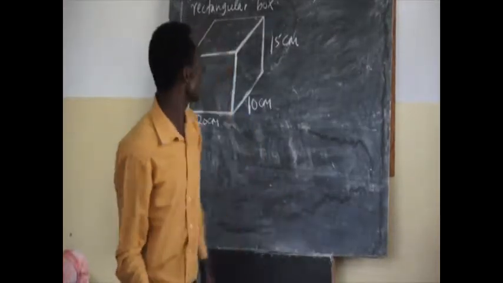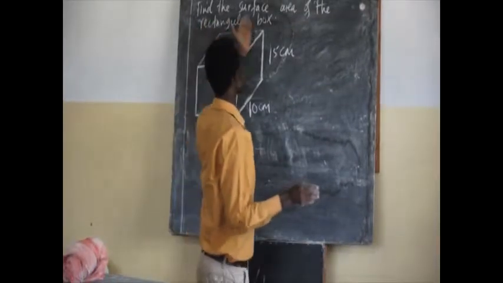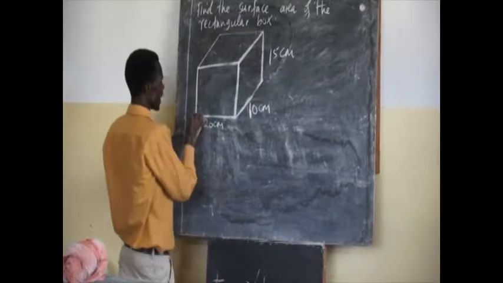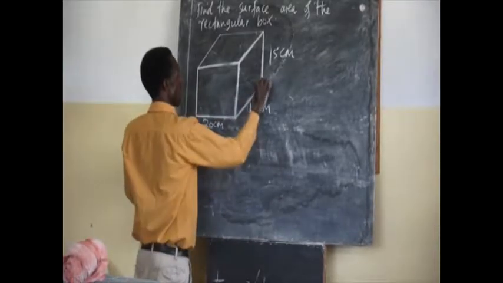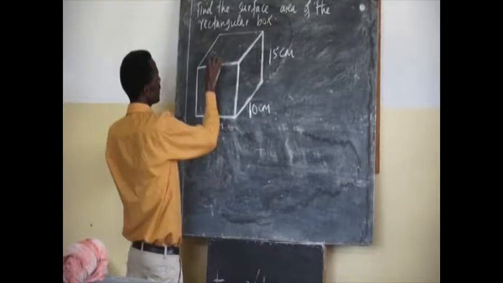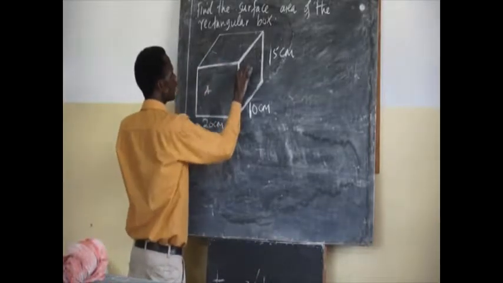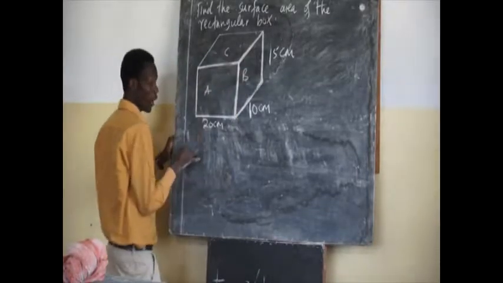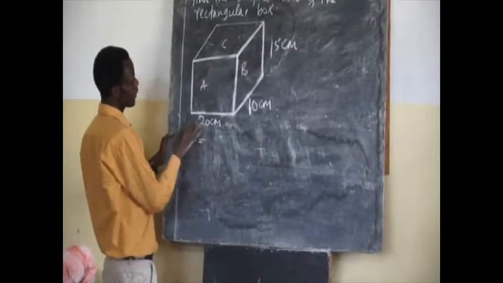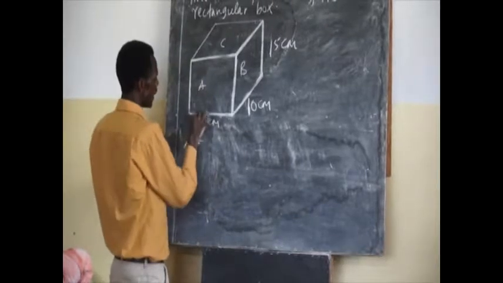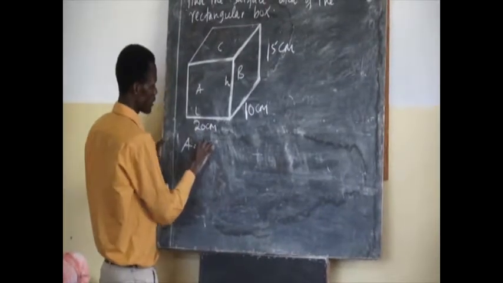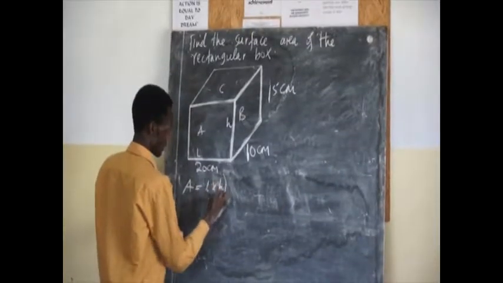Now, to calculate the surface area, we've been told to find the surface area of the rectangular box. Here, this is length, this is the breadth, and this is the height. Let us say this is A, this is B, and this is C. When you start with A, this is 20, and that is length times height.